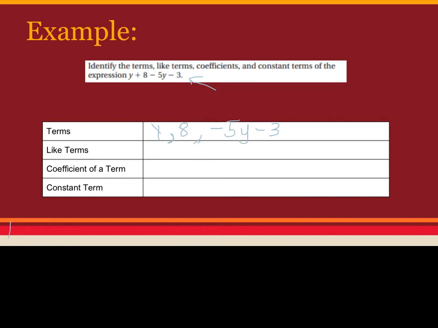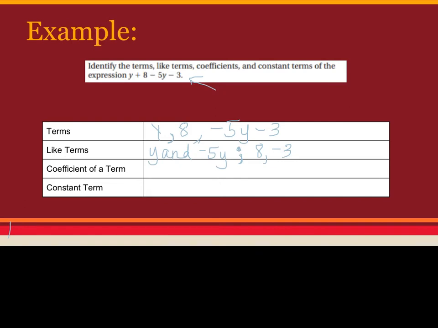My like terms, well, y and negative 5y are like terms. And also, 8 and negative 3 are also like terms because they're both constants.